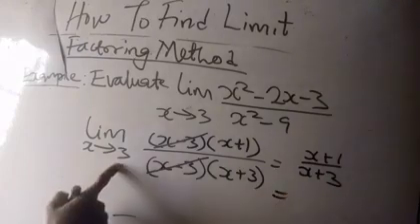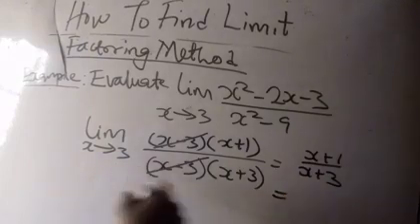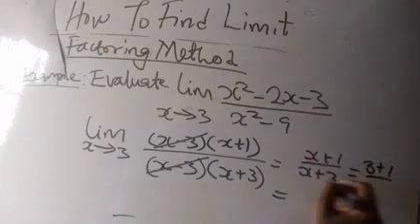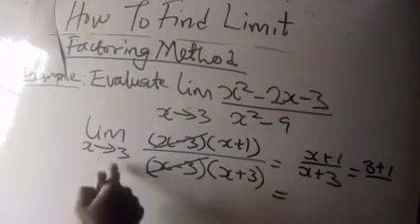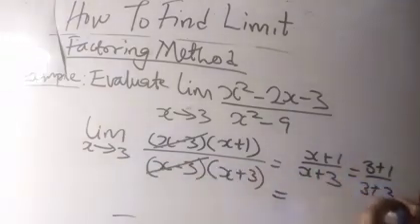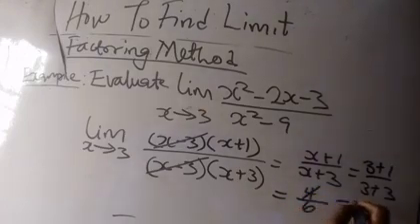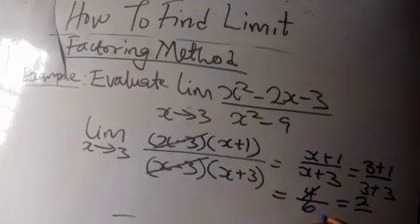And if we now use the substitution method, we have 3 plus 1 over 3 plus 3. Everything is now 4 divided by 6. Divide 4 by 2, we have 2, and 6 divided by 2 is 3. So our final answer is 2 over 3.